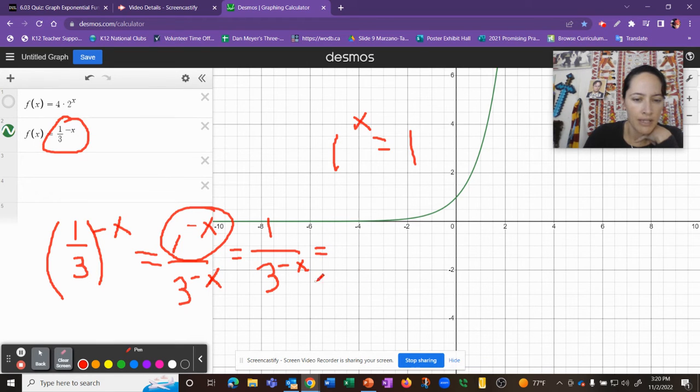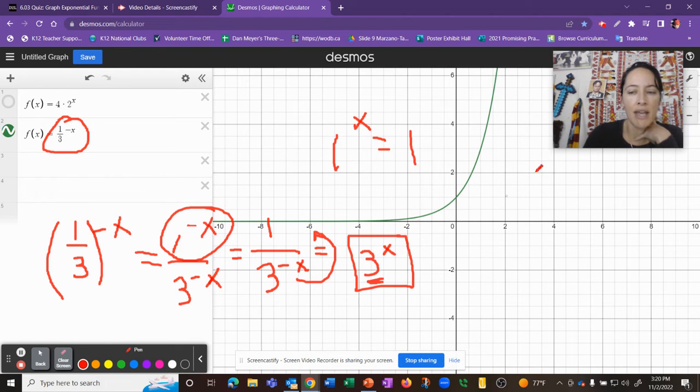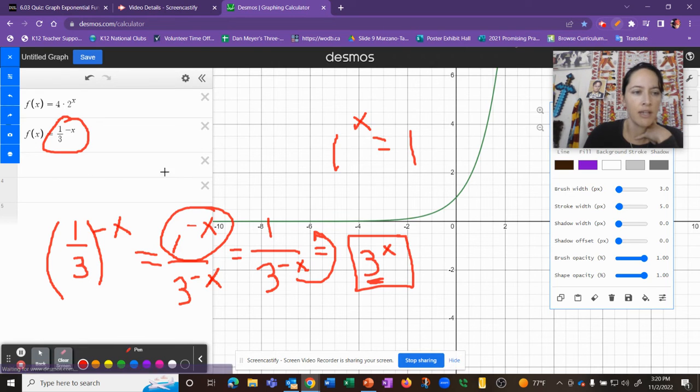it to make it a positive. So this will move back into the numerator and become 3 to the x. So using rules of exponents, I can see, aha, 1/3 to the negative x is the same as 3 to the x because of that negative exponent and the way it works.